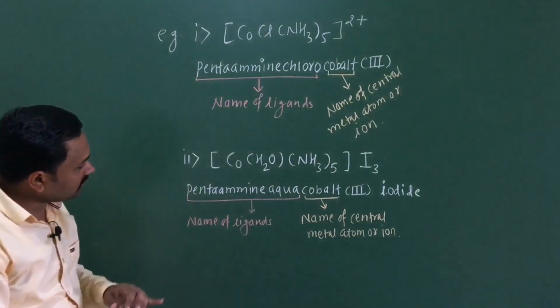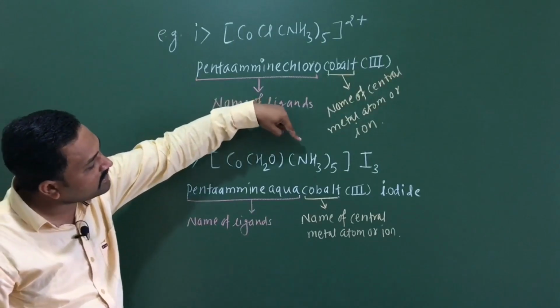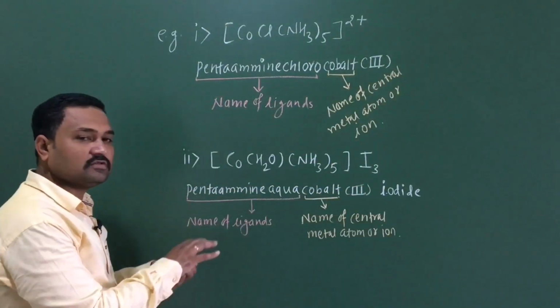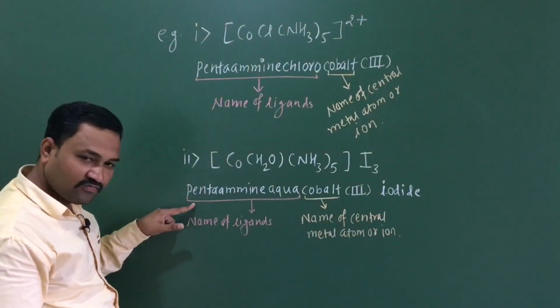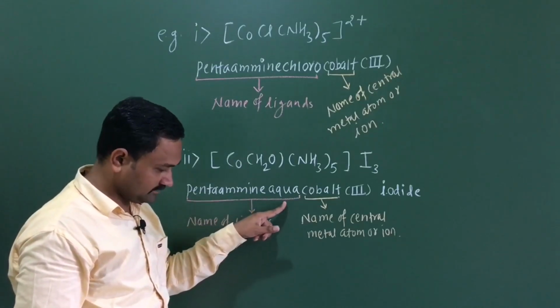Again here you can observe that in the second example, that is [Co(H2O)(NH3)5]I3, I have followed the same sequence. I have written the names of the ligands first, that is pentaammineaqua.